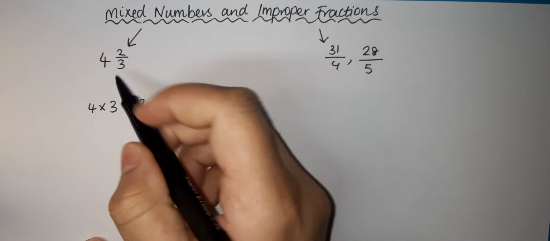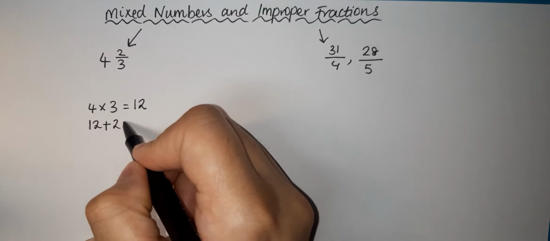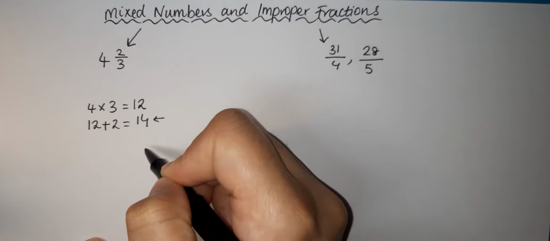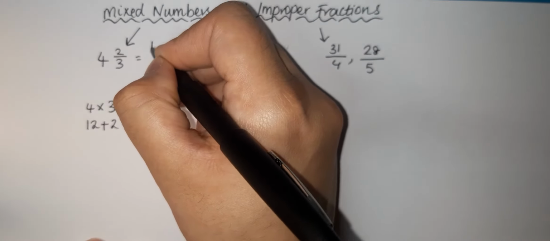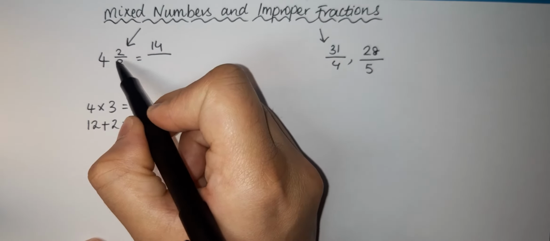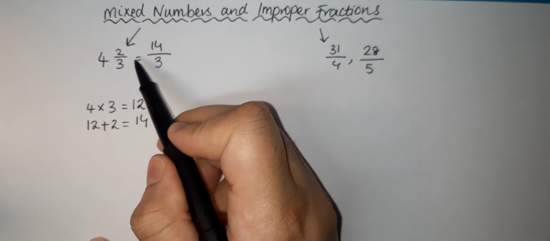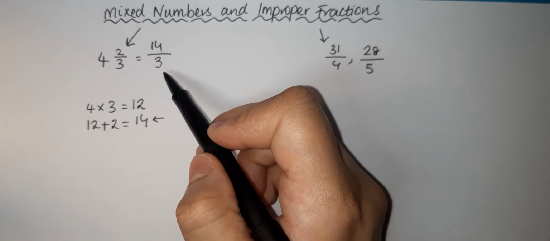And now we add the 2, which is 14. Now this is a new numerator. So 4 and 2/3 would be equal to 14 over, and because 3 is the denominator here, it will still be the denominator over here. So 4 and 2/3 can be written as 14 over 3.